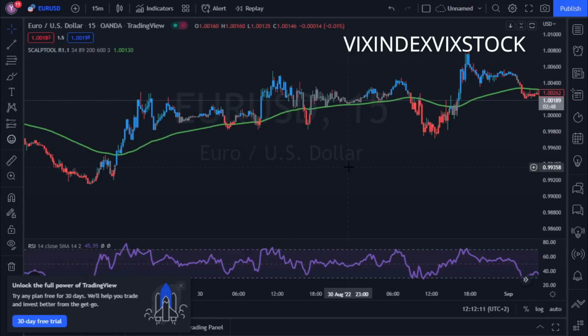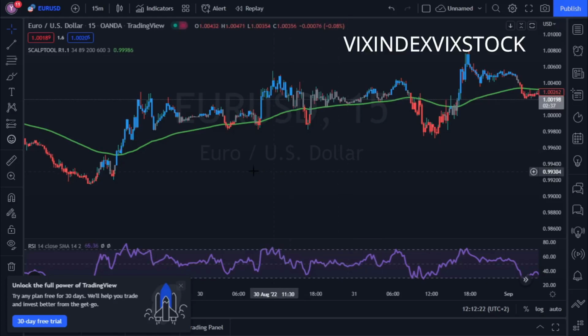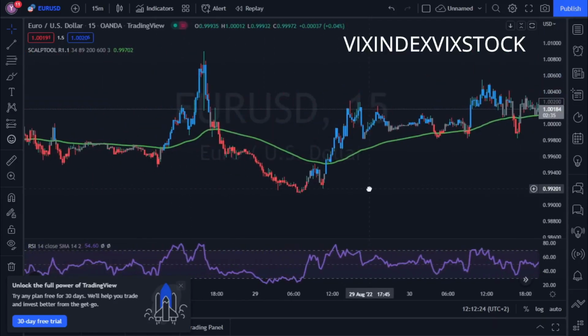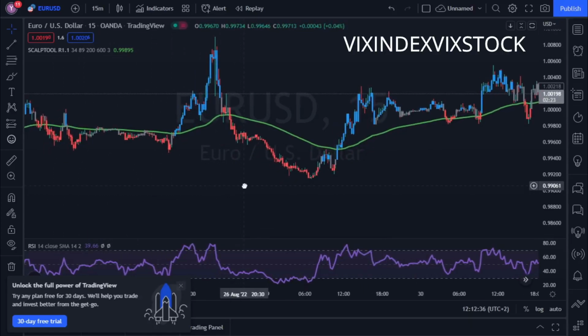Usually ranging markets are terrible with moving averages. So we usually want trending markets. That's what we definitely want. We don't want ranging markets, like you can see here, small candles and it's just moving sideways.